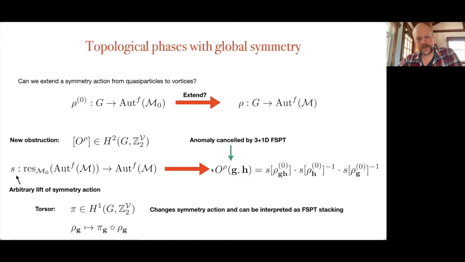Okay, so when this obstruction vanishes, we'll find a torsorial classification of our theories, which is given by changing our symmetry action by that special symmetry V. And it turns out we can interpret that also through the stacking relation, which I mentioned earlier, stacking fermion SPTs. And I'll describe that in more detail very soon.